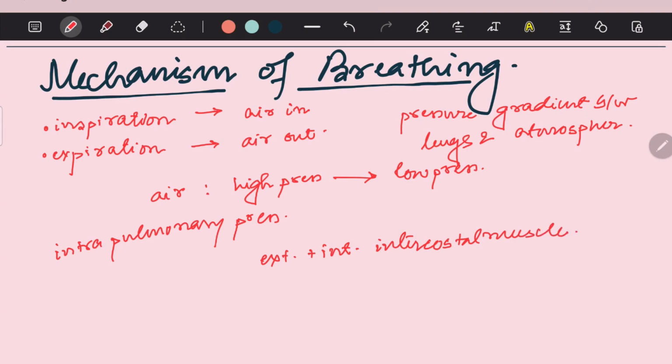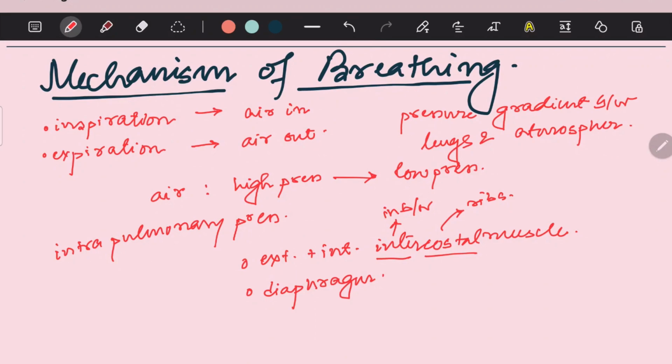If you see the name intercostals, inter means in between and costal refers to the ribs. So the muscle is actually situated between the ribs externally as well as internally. Along with this set of muscles, the diaphragm also helps in the control of breathing.